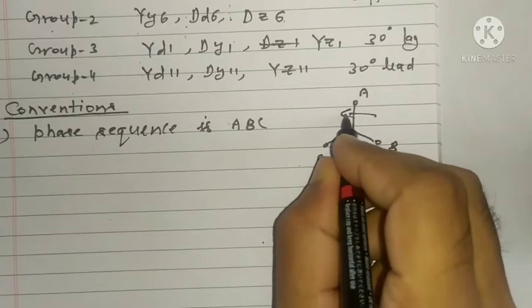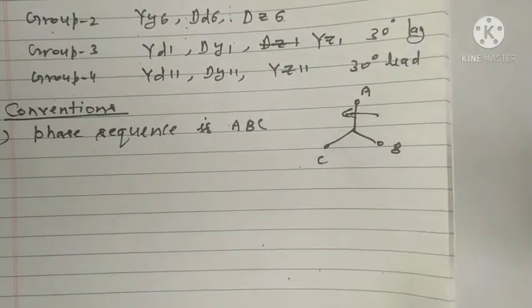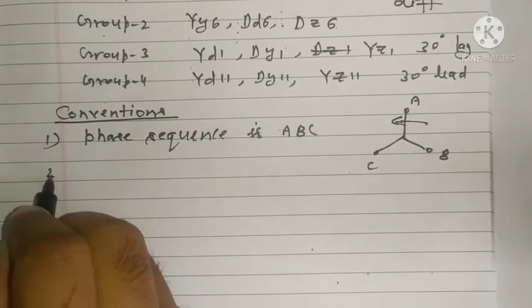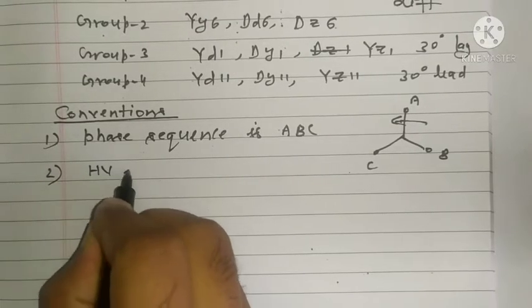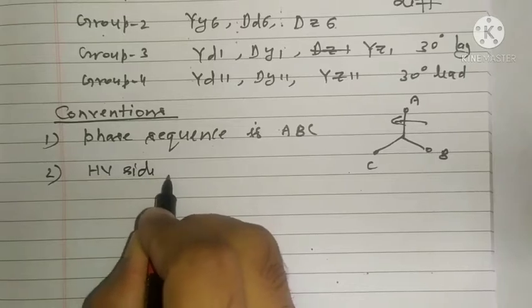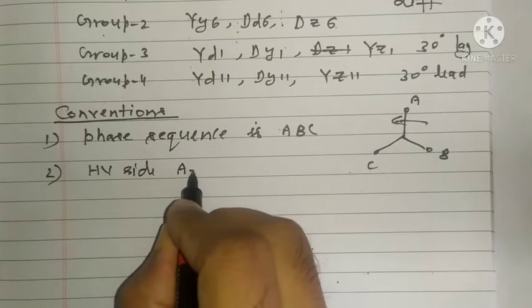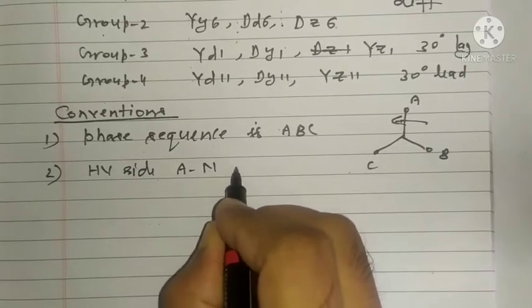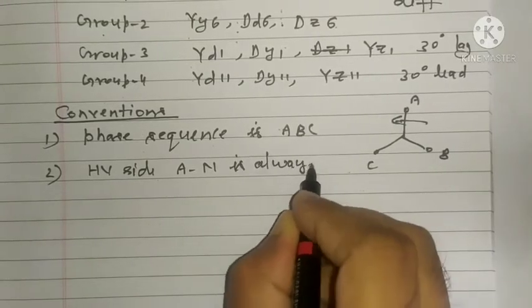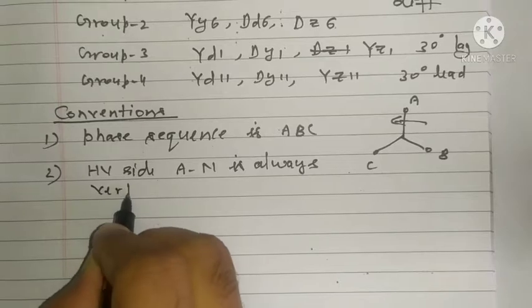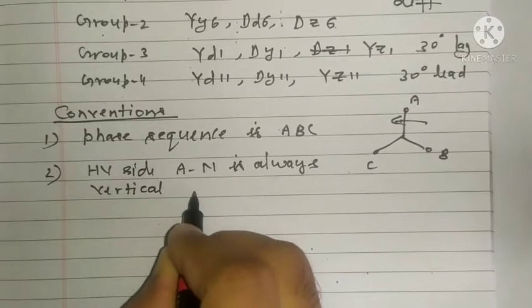We know phasor rotate in anti-clockwise, right? And second convention is HV side, terminal A to neutral, A to N is always vertical.